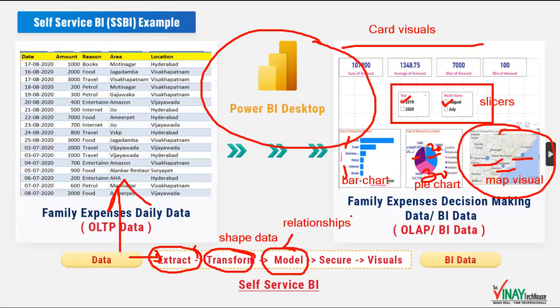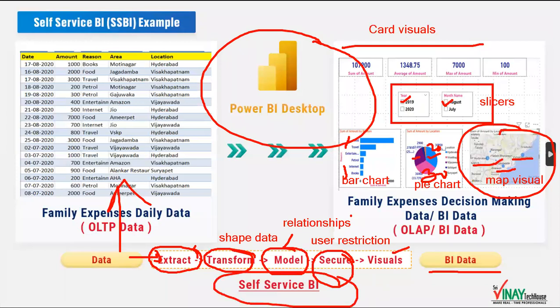If only a few users should see it, that is security, user restriction. Finally, visuals are added. So this desktop will get the data, shape the data, model the data, secure the data, and finally visualize the data. As this desktop is able to do this end-to-end process, we call this component the self-service BI component.